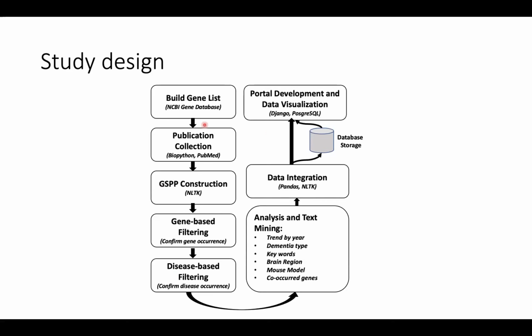We have different steps. First, we build a gene list. Those genes in the list are all from the RNA-seq expression data sets. For the sequencing technology, usually about 20,000 different genes can be identified. So we use those commonly identified 20,000 genes from RNA-seq as our initial pool of genes that we try to identify in the publications.